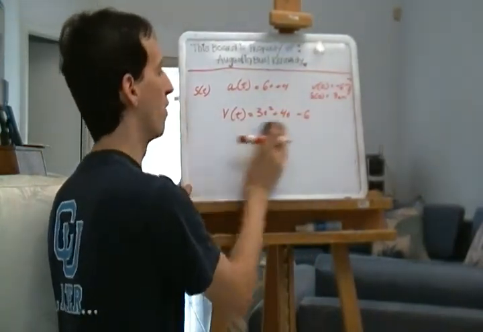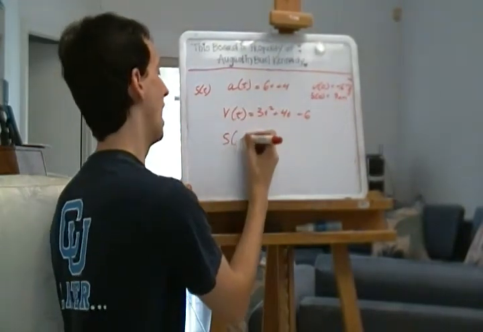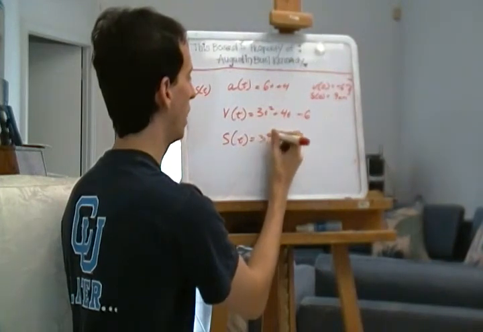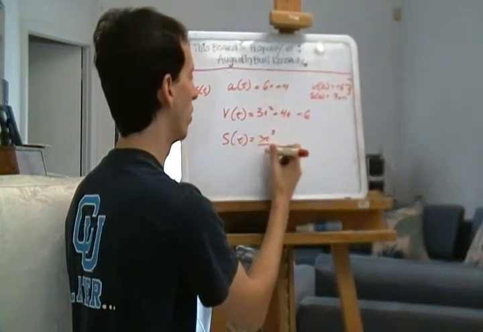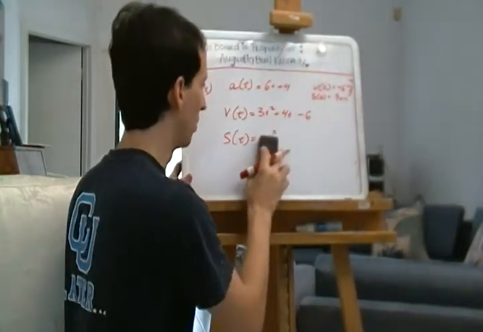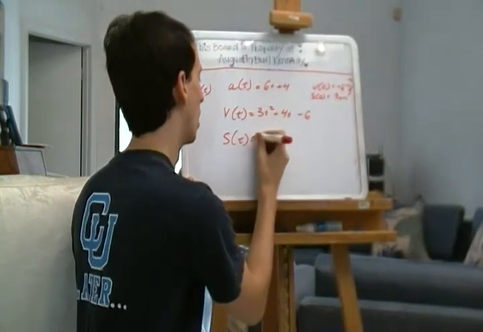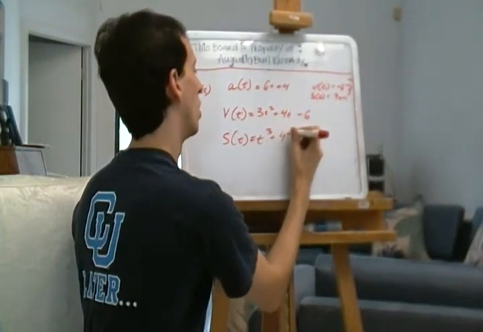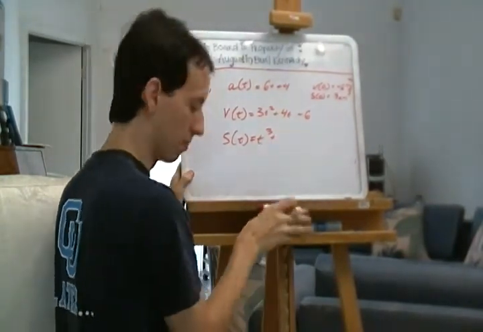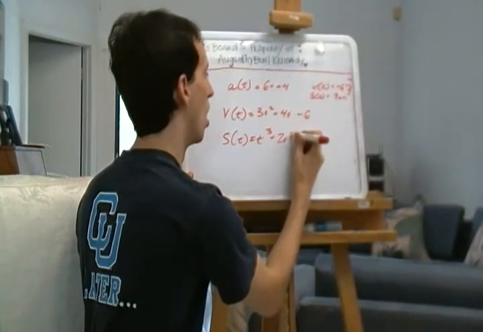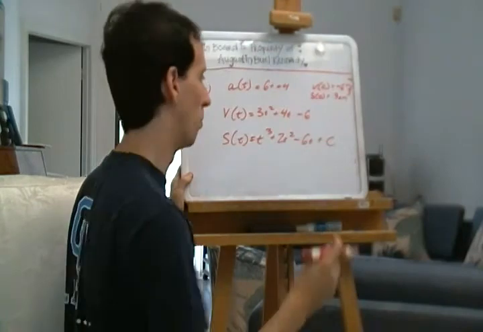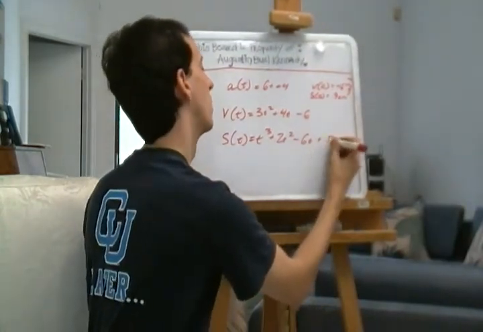Now we take the antiderivative of that to get the position function. s of t is going to equal 3t cubed over 3, or, very simply put, t cubed, plus 4t squared over 2, or, very simply, 2t squared, minus 6t plus c, or we can call it d, since we called the last one c.